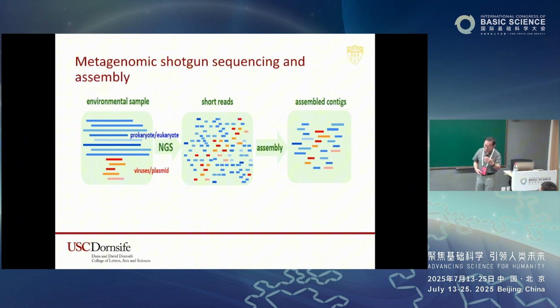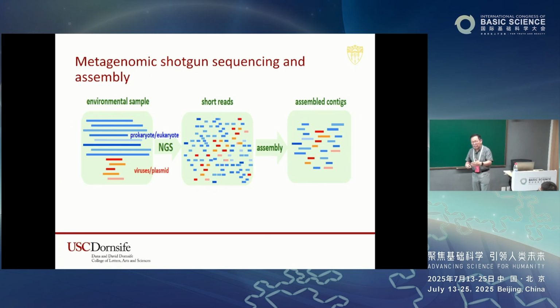So yeah, a simple way to do that is to try to map those contigs into reference databases like the NCBI database, and then you see what they map to. And if they map to some known genomes, then you know where they come from.